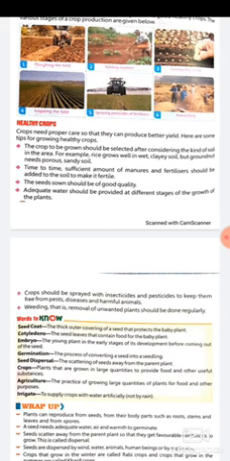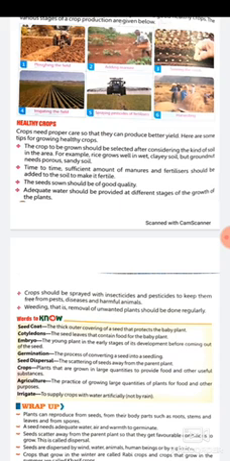From time to time, a sufficient amount of manures and fertilizers should be added to the soil to make it fertile. The seeds sown should be of good quality. Adequate water should be provided at different stages of the growth of the plant.